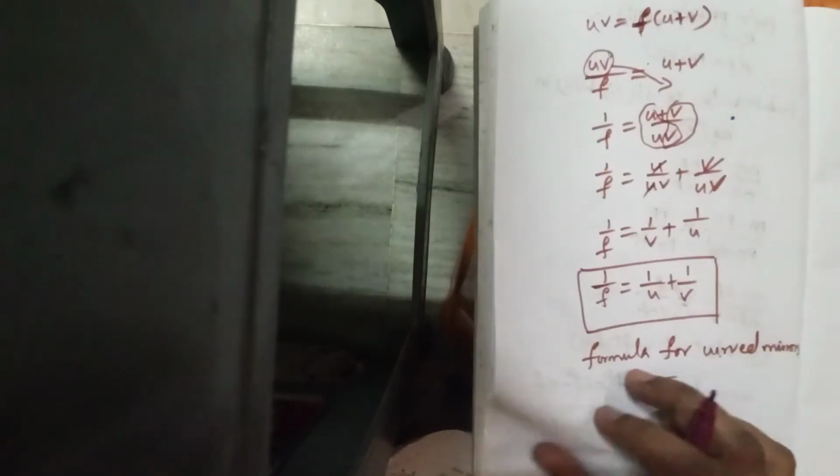So this is the derivation, and I want to explain this derivation once again. First you should understand this diagram, and this I drew from the previous explanations. The object behind the center of curvature will form an inverted image in between the focus and the center of curvature. It is inverted and small in size.